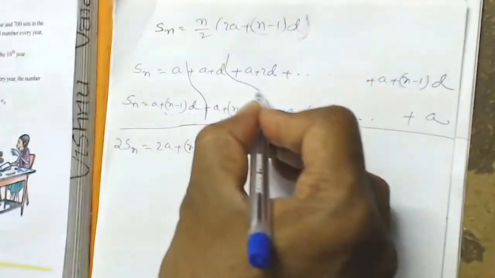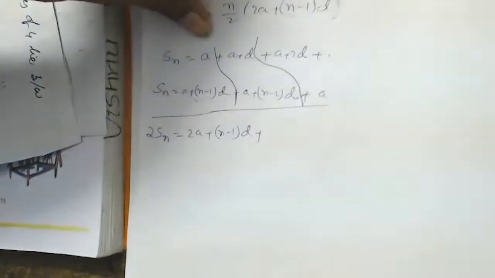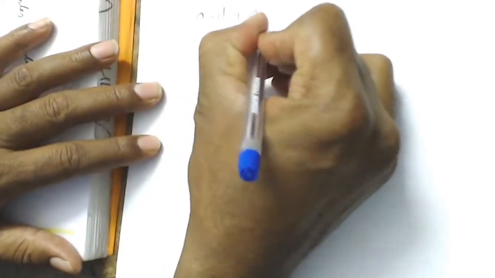Now the second term and second term if I add, okay, I will show this addition on a rough paper. Okay, so I'll show you how to do the addition. One is A plus D, the other is A plus n minus 2 into D. A and A are like terms.